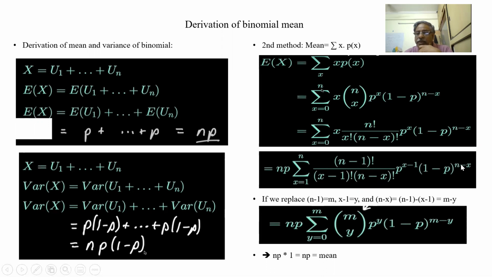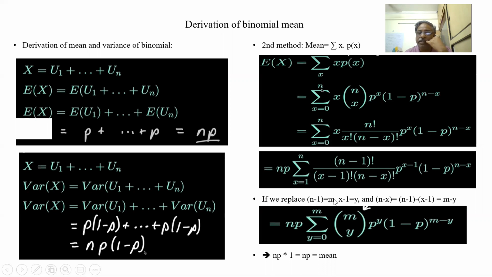So I can write n minus 1 minus x minus 1. When I put x minus 1 equal to y, then y starts with 0, since x starts at 1, and goes 0 to n minus 1. So y is 0 to m, and I put n minus 1 as m.